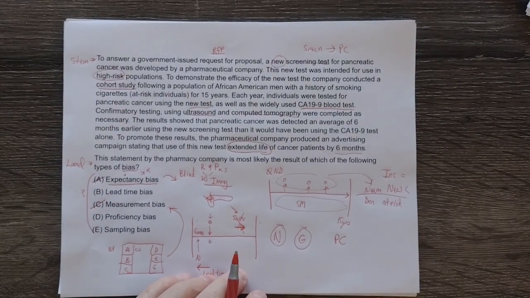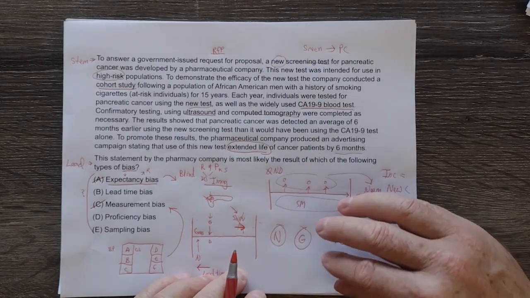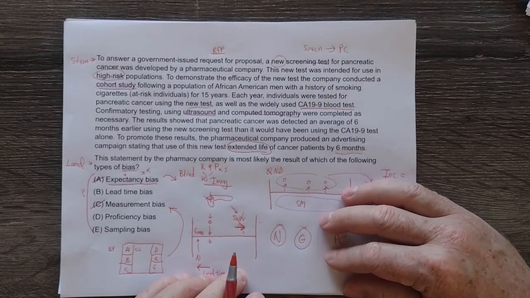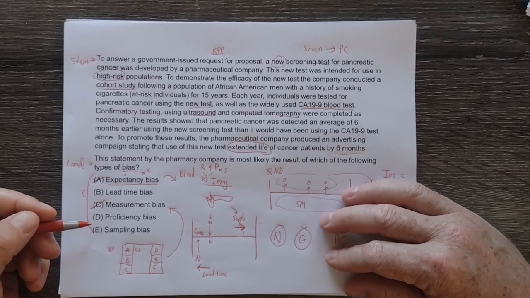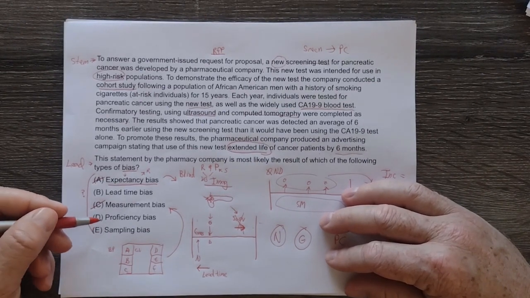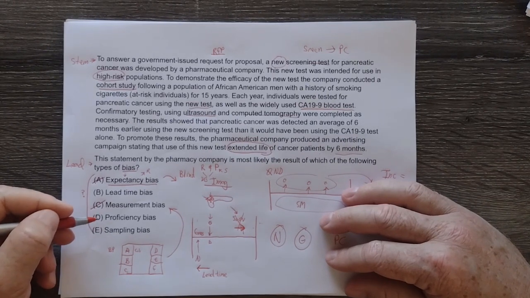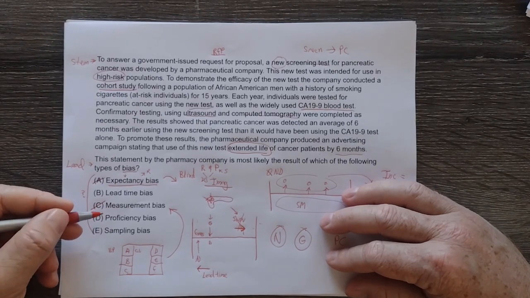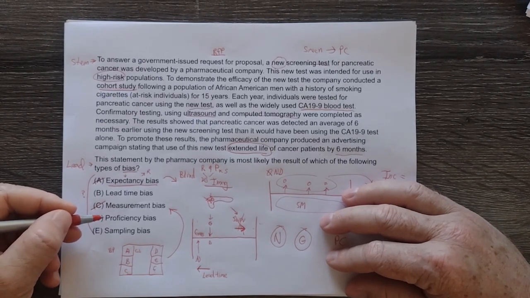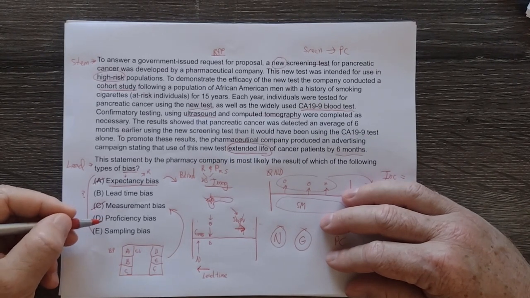So proficiency bias might occur based on the skill levels of those who are either administering tests or interpreting tests. For instance, what if you took blood from a patient, but you actually left saline solution inside the syringe when you went to pull out the blood?